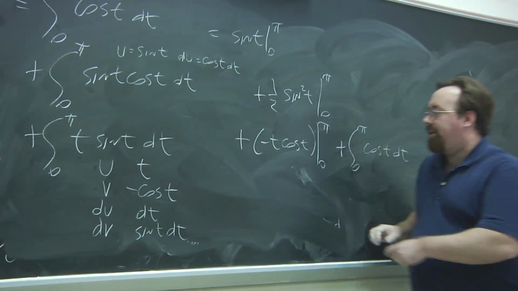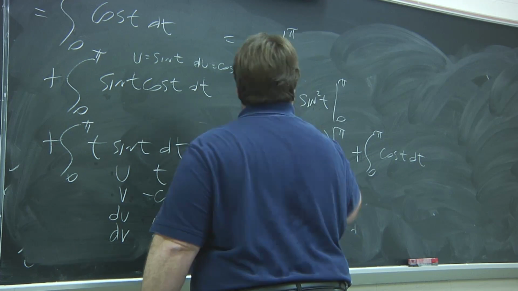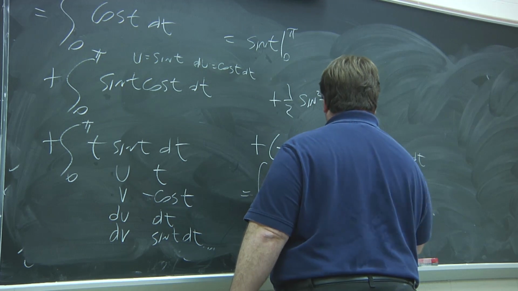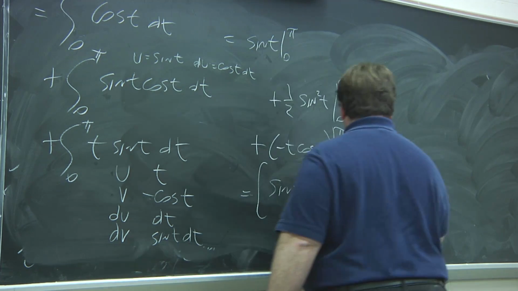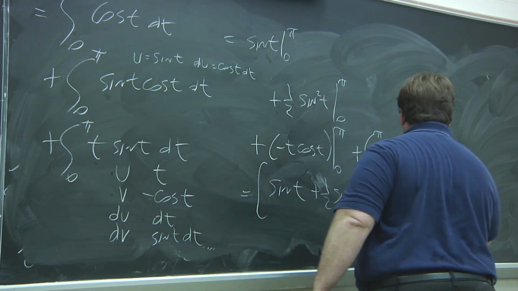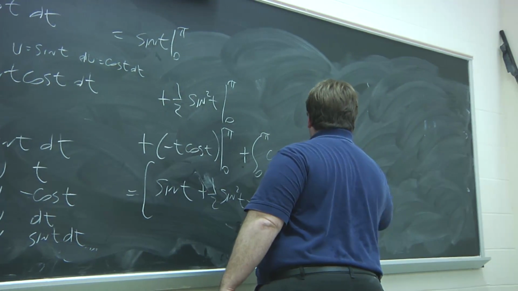So ultimately, when we put it all together, that's sine t plus 1/2 sine squared t minus t cosine t plus sine t, evaluated at 0 and pi.